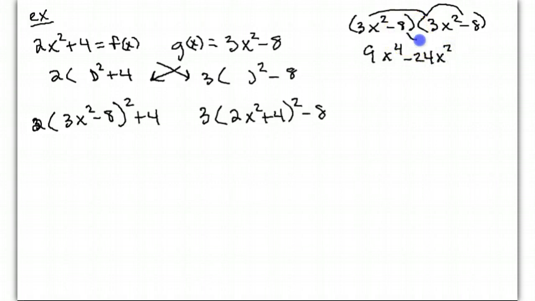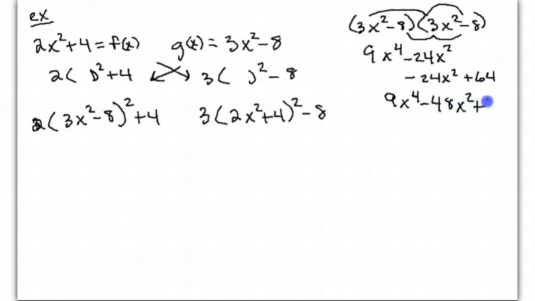And then when you send this negative 8 through, that gives you another negative 24x squared, positive 64. So when you add everything together, that's 9x to the 4th minus 48x squared plus 64. That's what you replace that with.